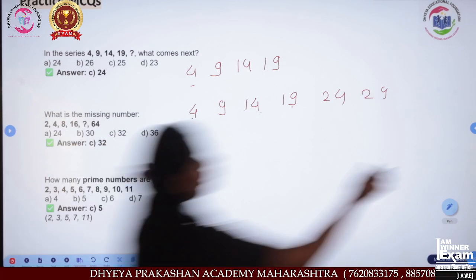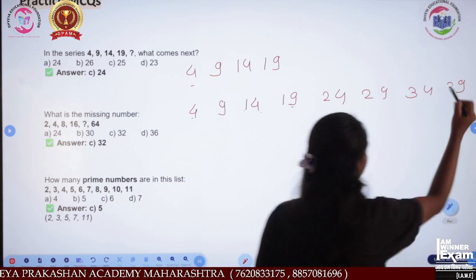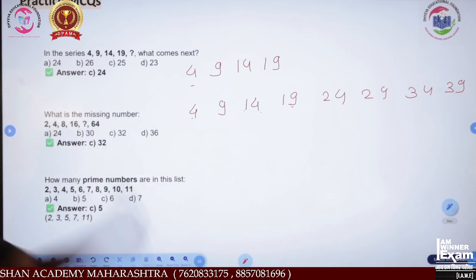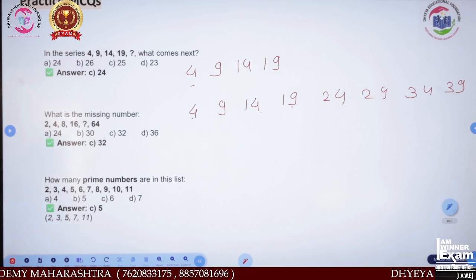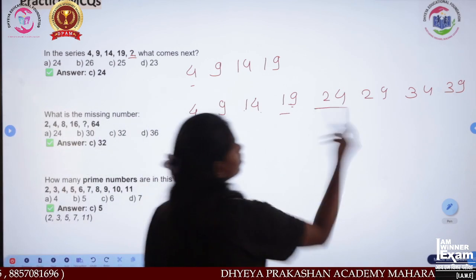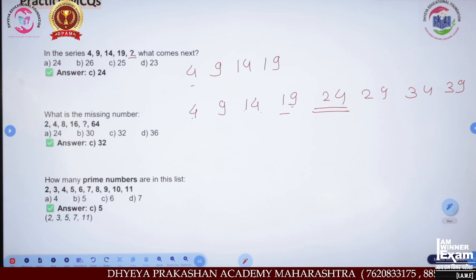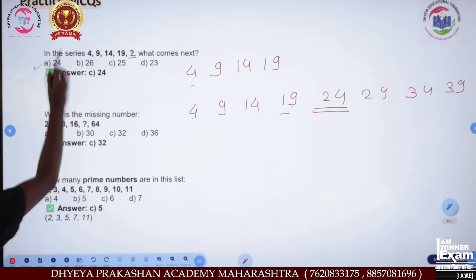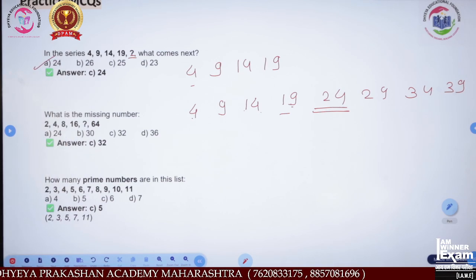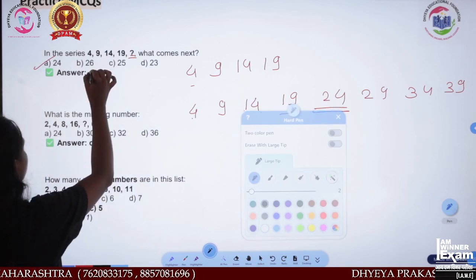Then again take 4, then add 3. And then again take 9 and add 3. Like this is the order. So what is the number that comes after 19? Here is 19, here is the number 24. So what will be the correct option here? That is option A, the number 24.